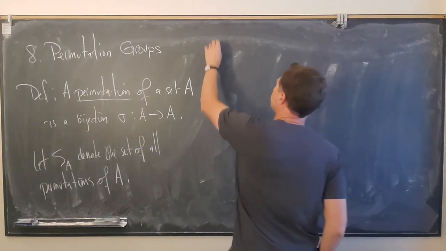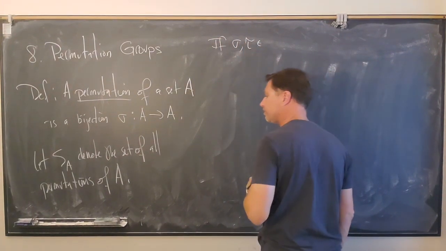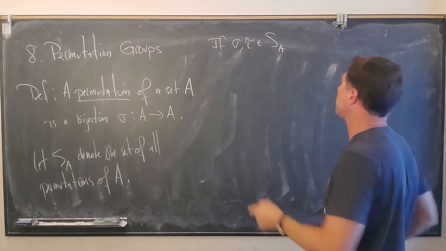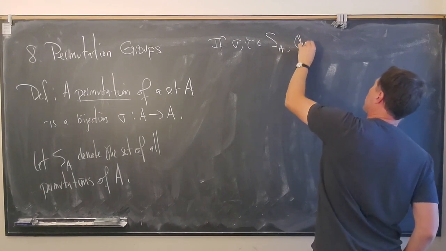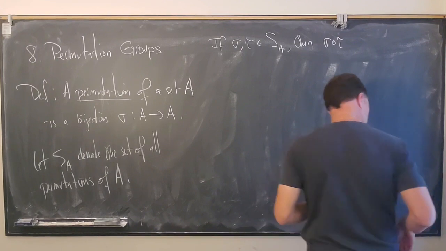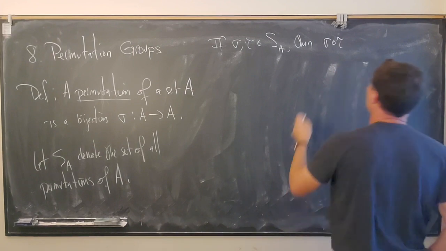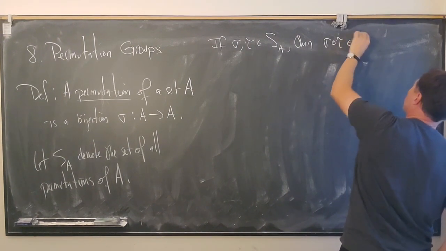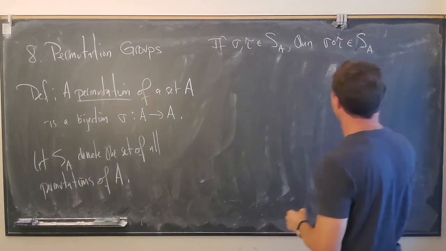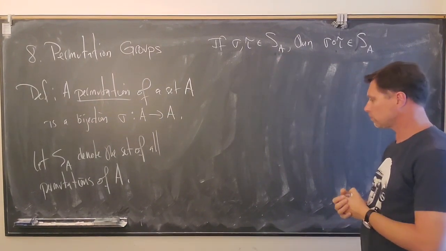If sigma and tau are elements of S sub A, so both of them are permutations, then if we look at composition, sigma of tau, composition of bijections is a bijection, and so sigma of tau is going to be a bijection from A to A also, which means that composition is a binary operation on the set S sub A.